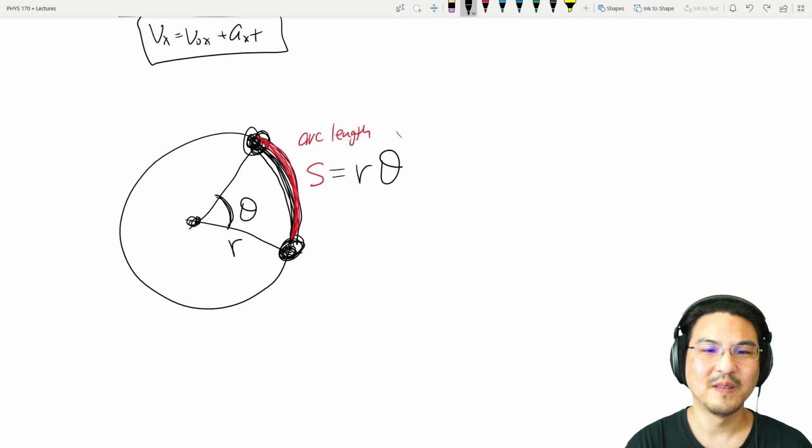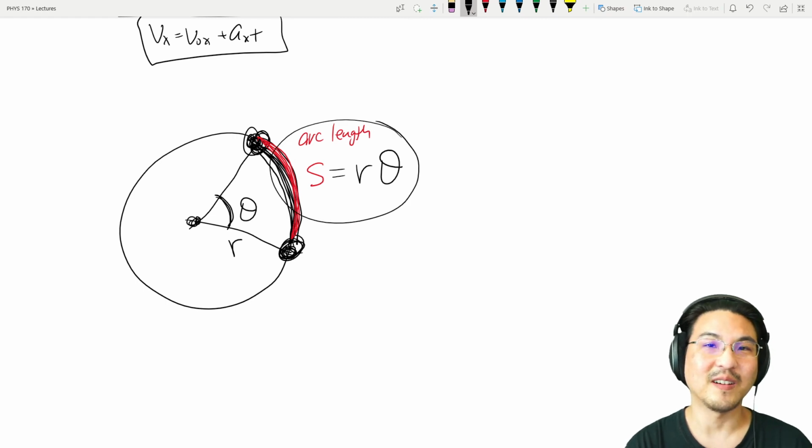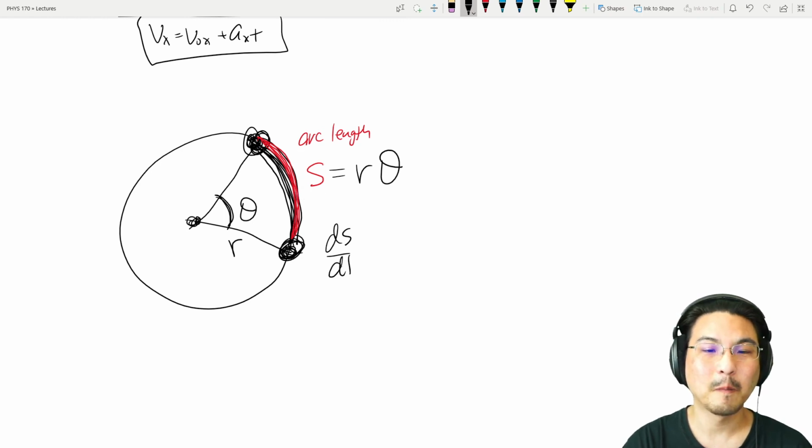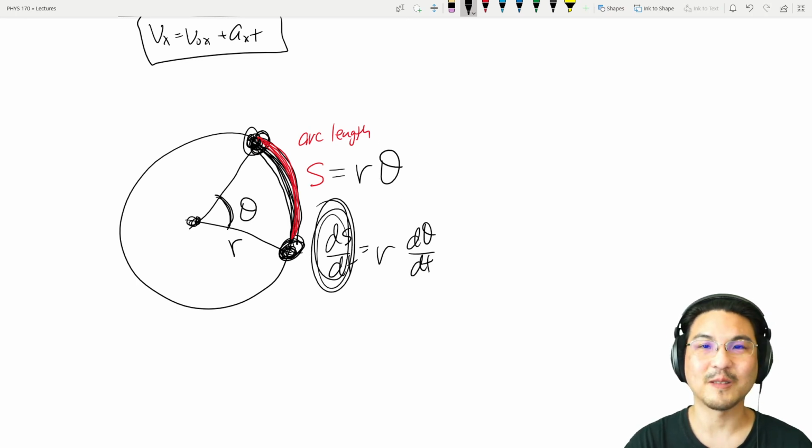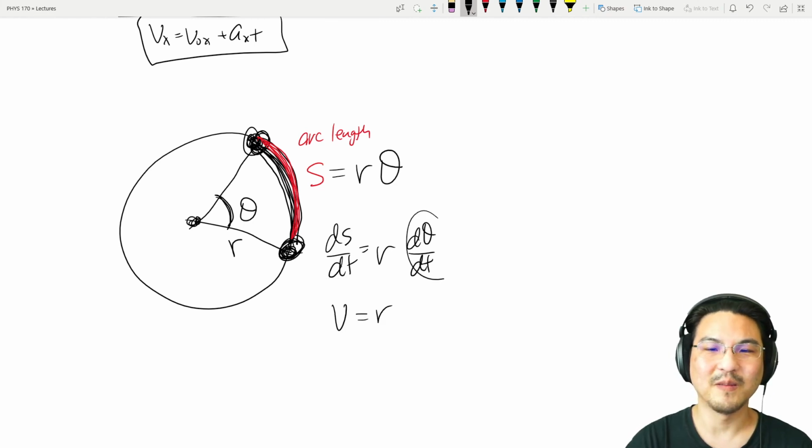And now, let's assume constant radius and take the time derivative. So take the time derivative of that side. r is constant. Take the time derivative of this. So what is that? That's velocity, like meters per second. What's that?